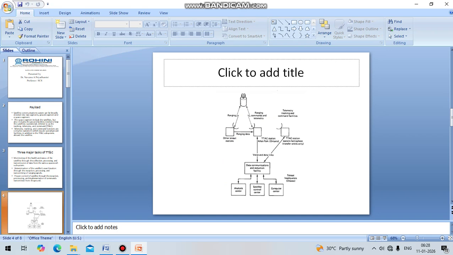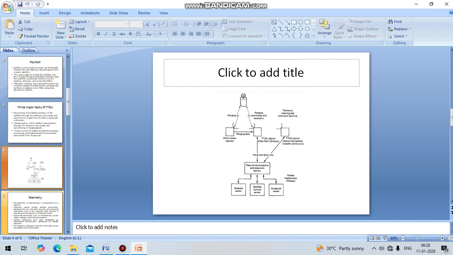The received signals are processed and given to the data communication and collection facilities, where the processed signal will be analyzed, and based on the analysis the control information will be provided from the earth station to the satellite. Finally, the values will be recorded for further reference.